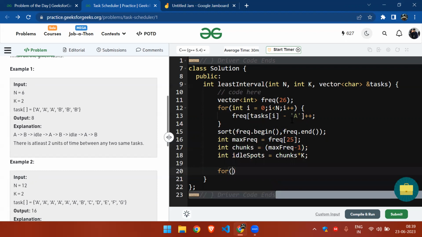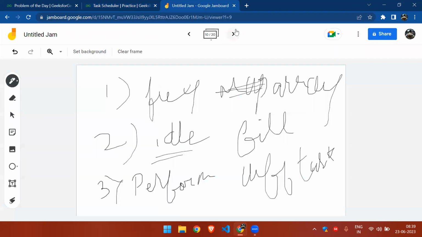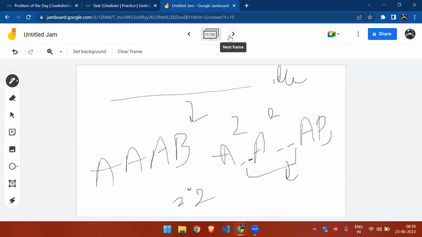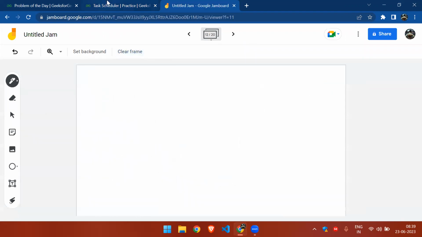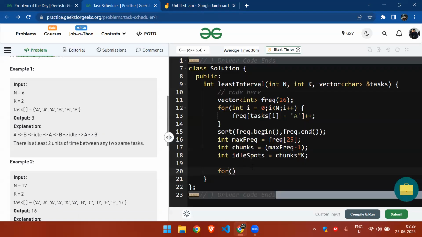Now, since I have got the maximum number of idle spots we can have, and we have the rest of the tasks left that we can place in the meantime, I'm going to traverse from the end of the frequency array, from the 24th frequency, since we have the most frequent character in the 25th place.